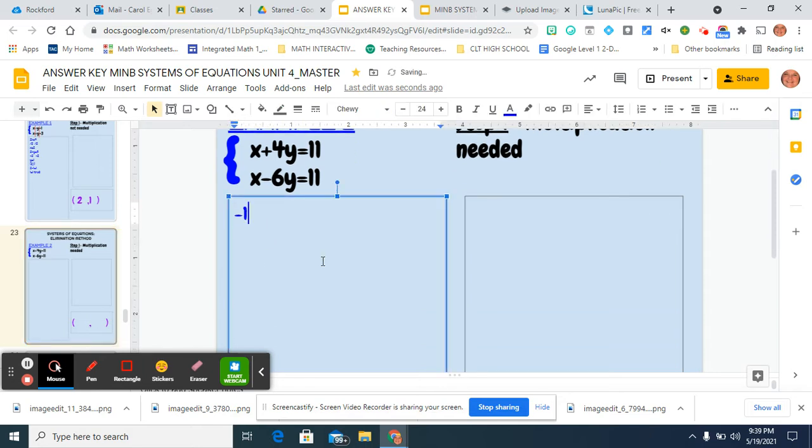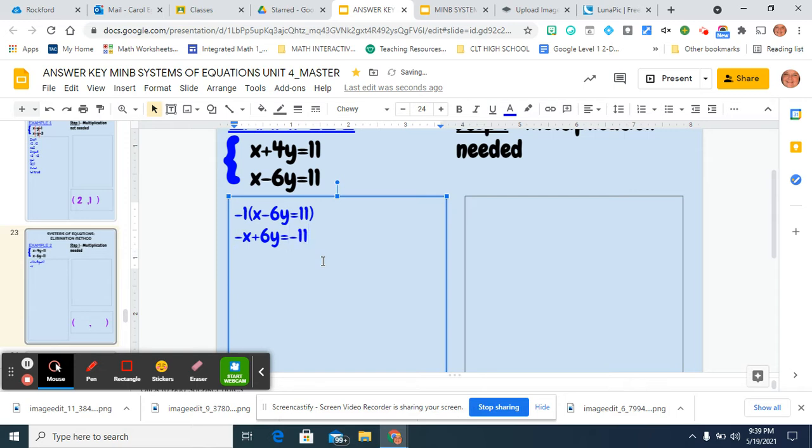So I'm going to take negative 1, and I'm going to multiply it by x minus 6y equals 11. And we've learned previously that when we multiply or divide by a negative 1, the sign of each term flips. So this becomes negative x plus 6y equals negative 11.